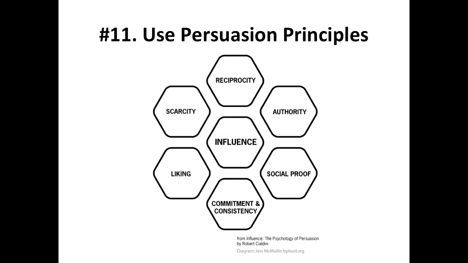These tactics are the proven ways of how you can persuade someone. And this is from the book by Robert Cialdini, The Psychology of Persuasion. So you can really take just a few of these principles and ask yourself, how can I use these things to persuade my prospects?